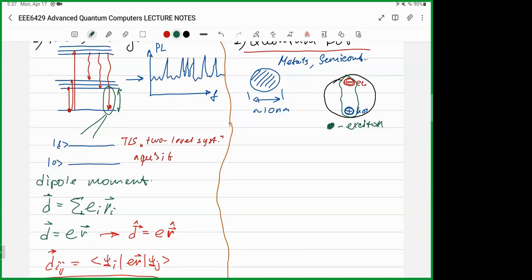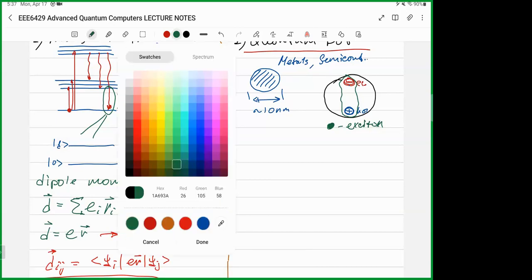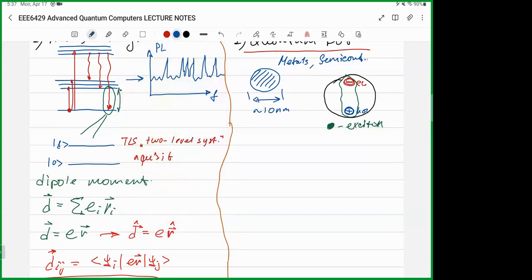And in the energy spectrum, if I draw the energy spectrum of this quantum dot, I would get something like this. This is the valence band. This is the conduction band, right?